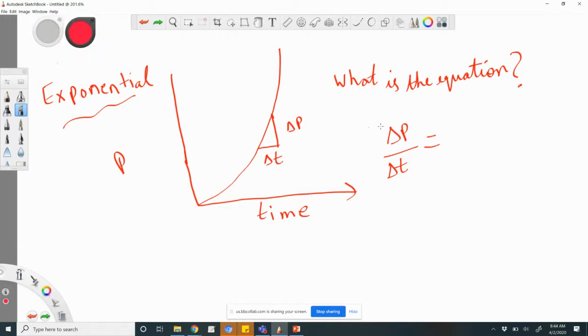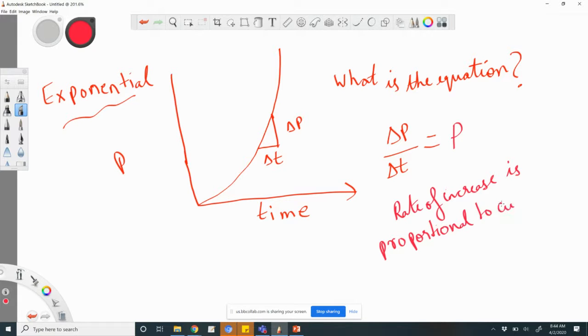Well, it turns out that in the most simple case, you can think about it as rate is proportional to the current value. So your rate of increase is proportional to your current value.